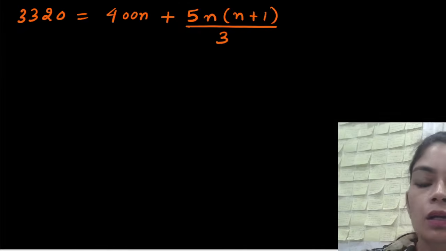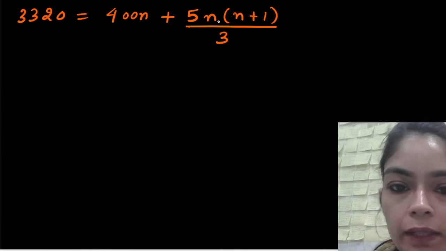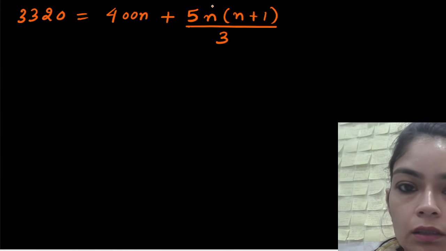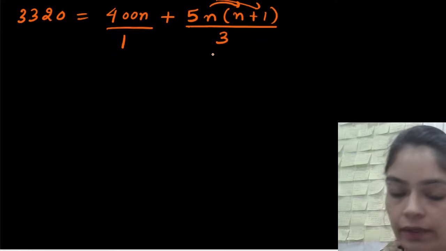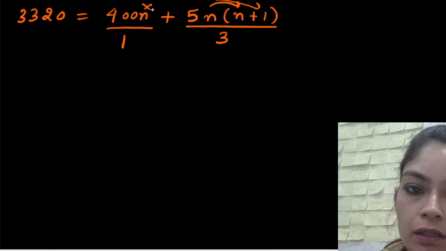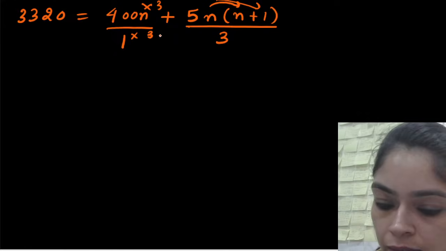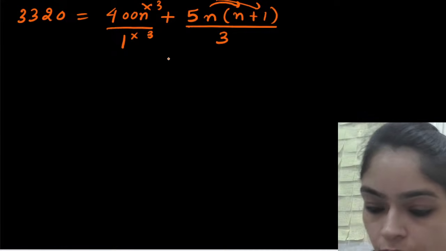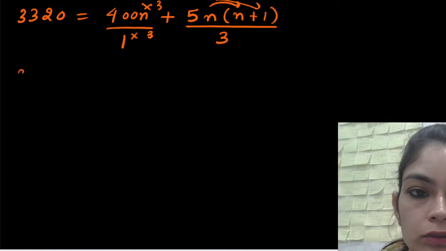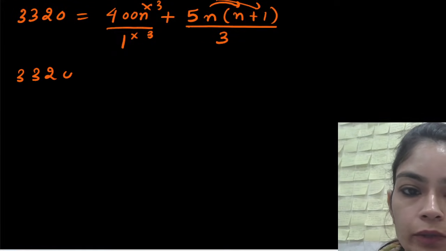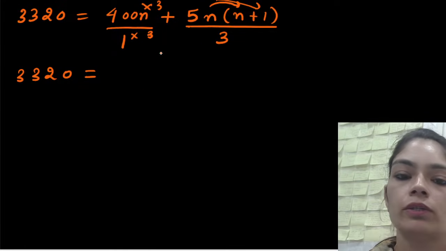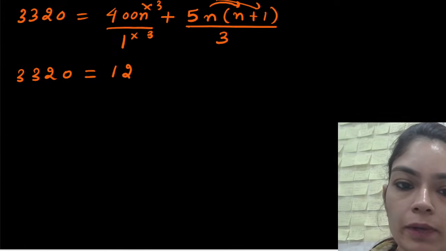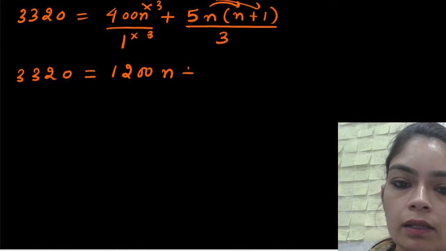Okay, let's simplify this one. Here we'll multiply this with this, and also because this is a fraction, we'll just take the LCM here. So into 3 we will do. So 3320. Each and every step carefully you have to do here because the quadratic equation should be correct. So here I am getting 1200N.